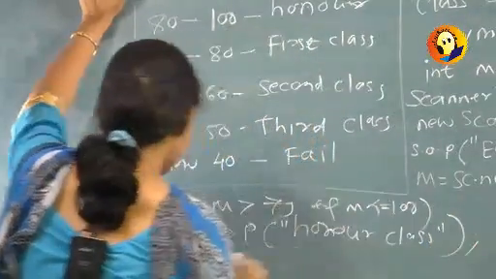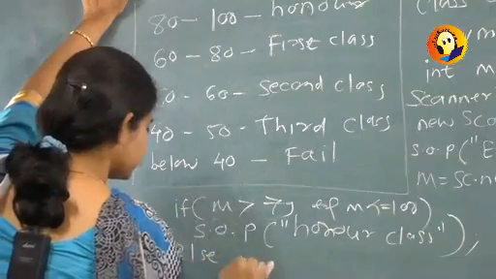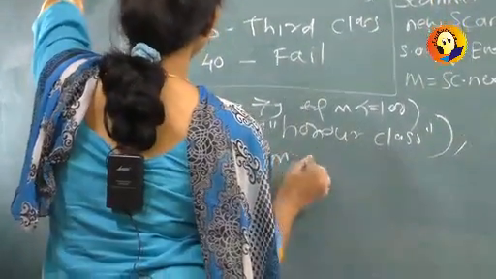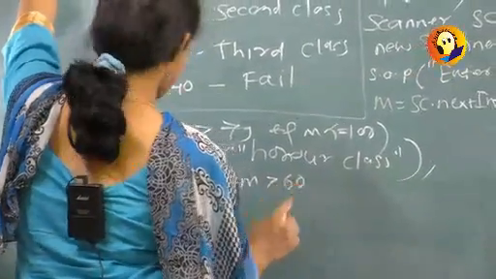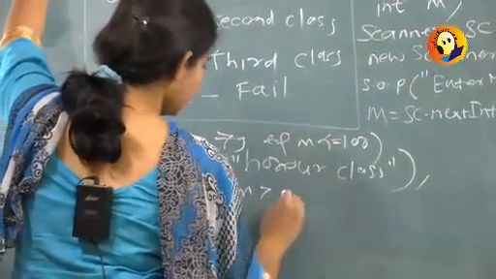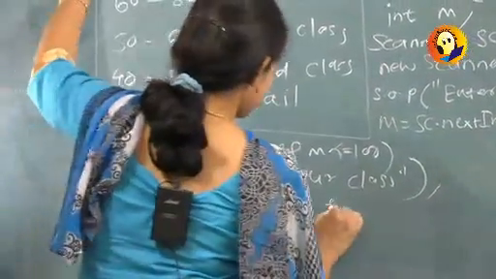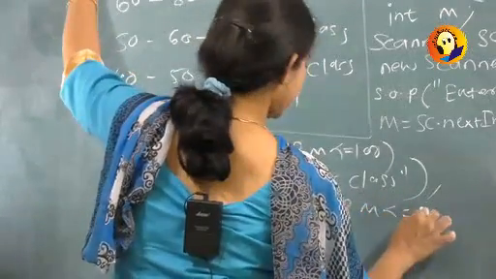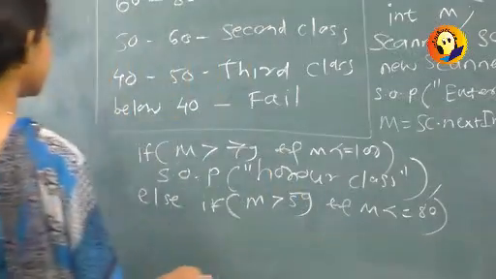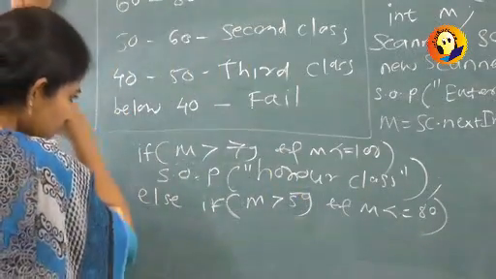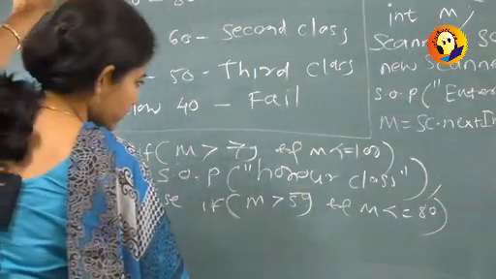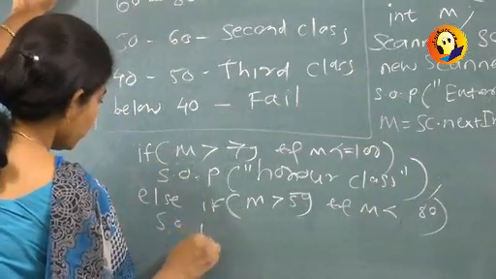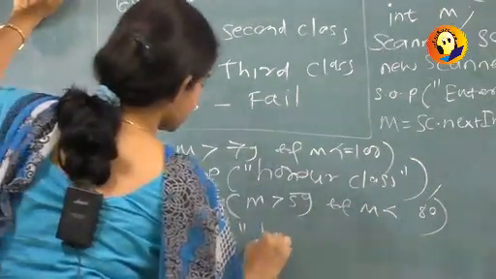Okay. Else if m is greater than 59 and m is less than 80, then System.out.println first class.